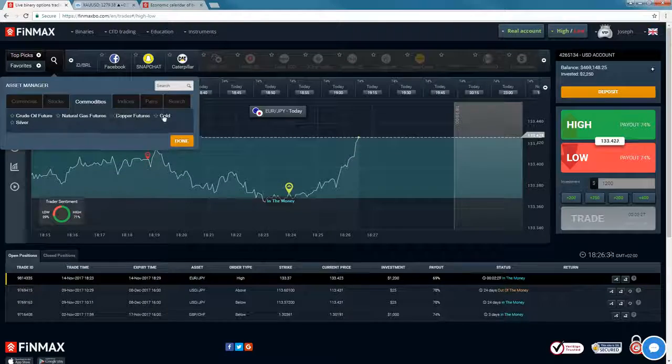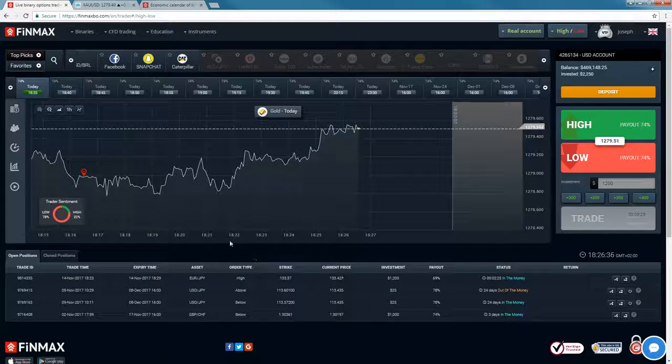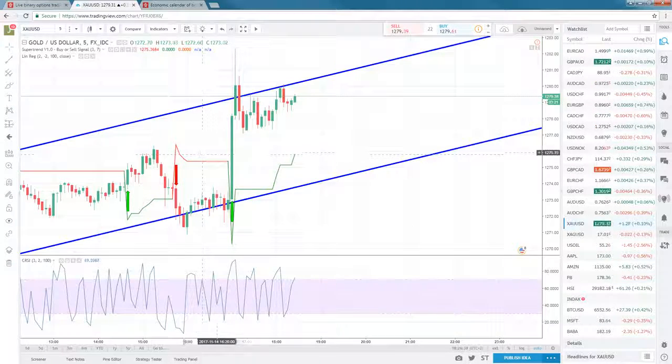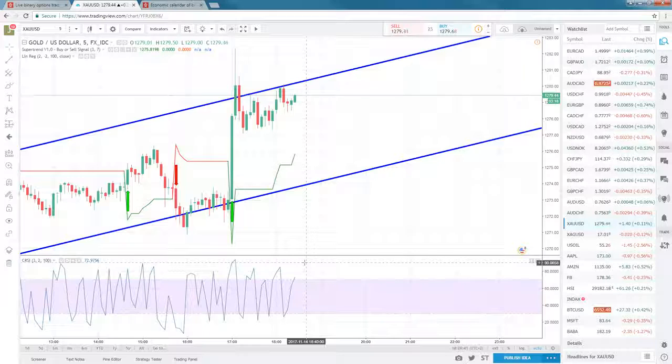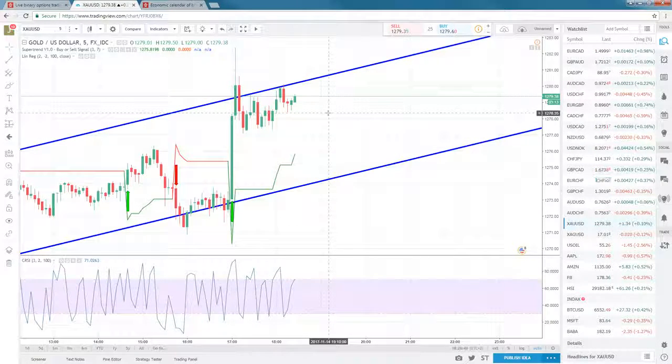Let's stay on gold and see what happens here on the chart. If I see that RSI is telling us that the price is going to change its direction again, then we can enter the market.